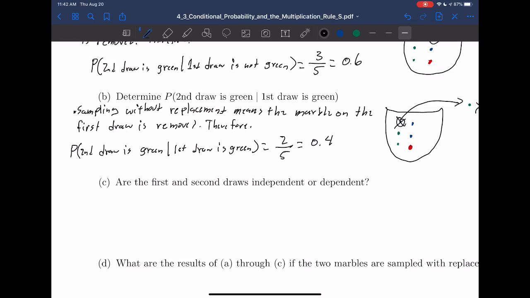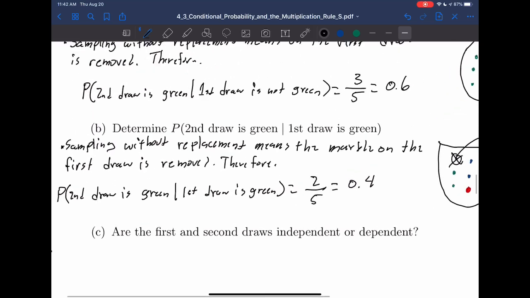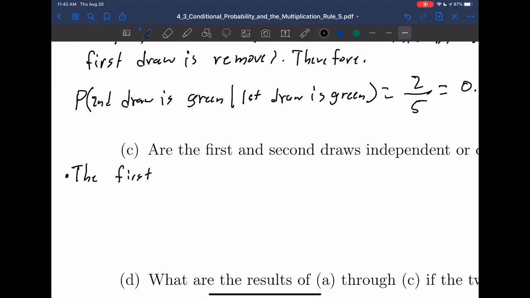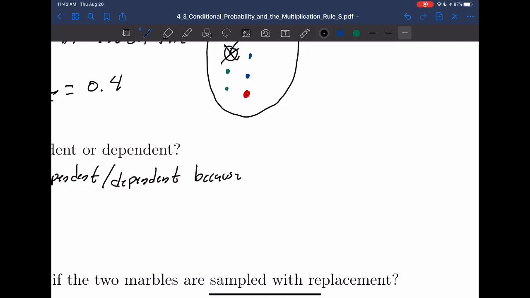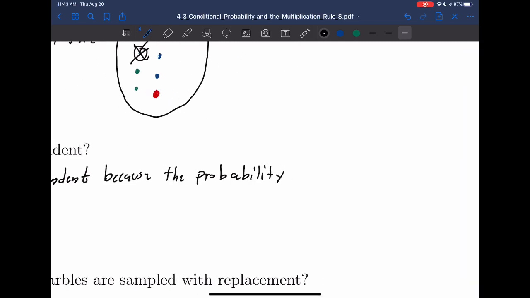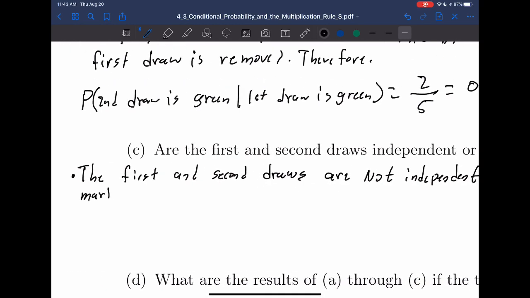Now we want to know whether these draws are independent or dependent events. And there's a couple of ways we could figure this out. If we go through the definition route, the first and second draws are not independent, or another way of saying this is dependent, because the probability of drawing a green marble on the second draw depends on the outcome of the first draw.